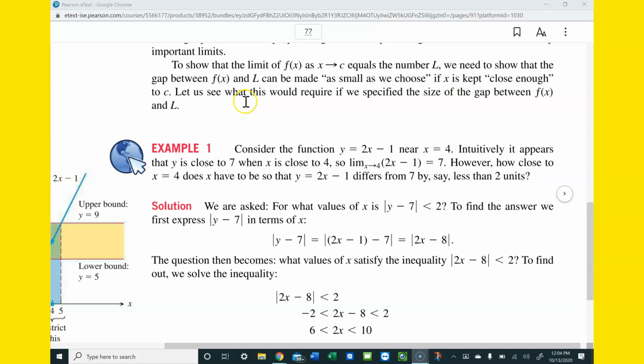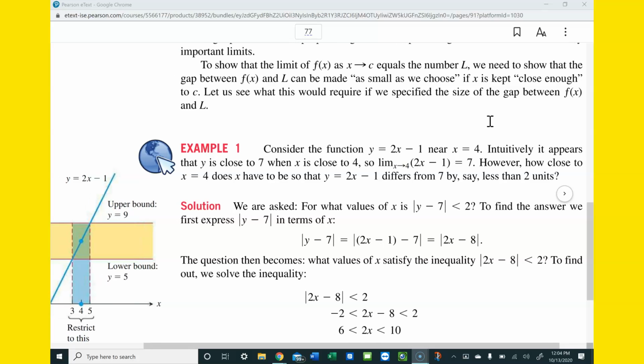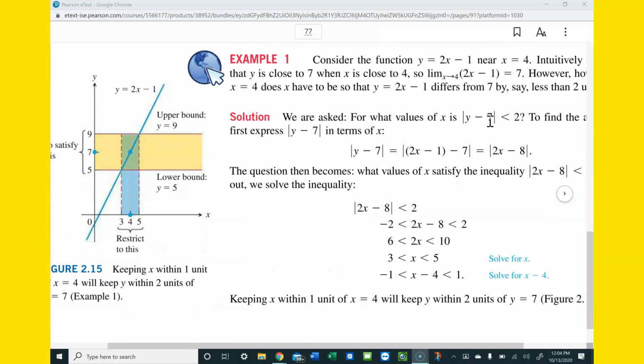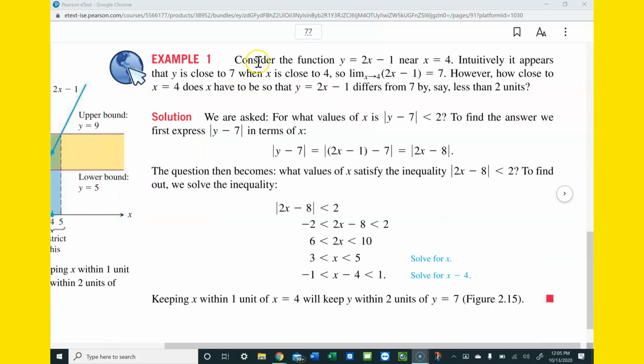Let us see what this would require if we specified the size of the gap between f of x and L. So in other words, instead of just saying "as small as we choose" or "close enough," we're going to specify a certain tolerance, a certain distance that we have to get close enough to establish the limit. These examples aren't getting there yet, but they're getting us closer. Again, this example is just going to give some numbers here.